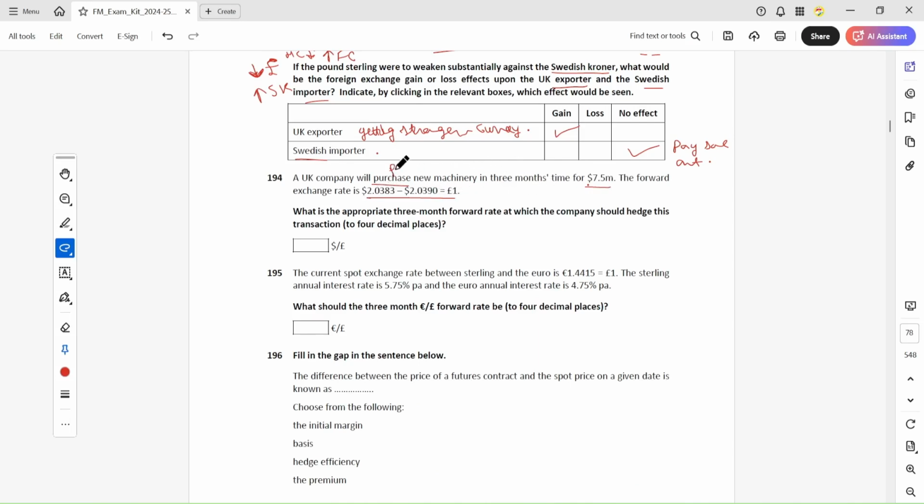Okay, purchase means pay, right? So when you pay, when you go and convert, you divide.